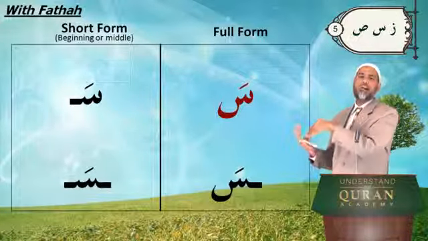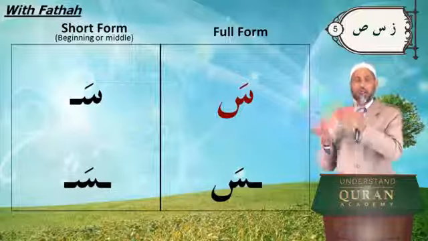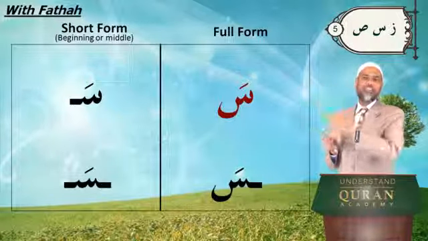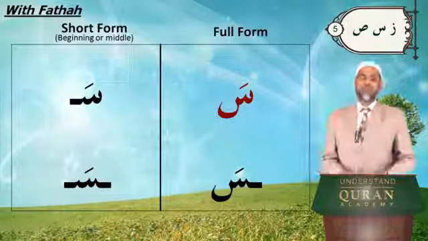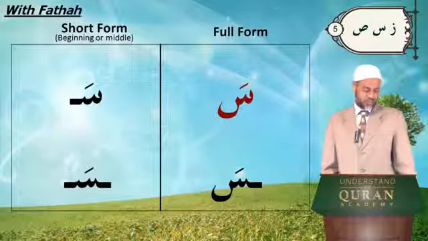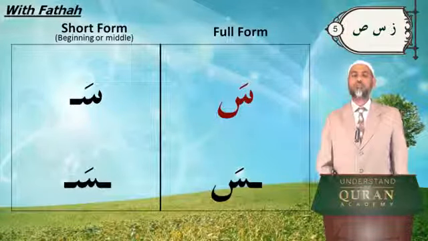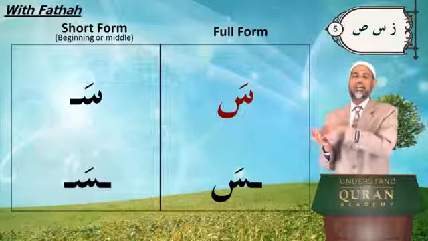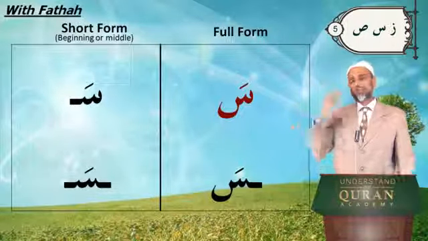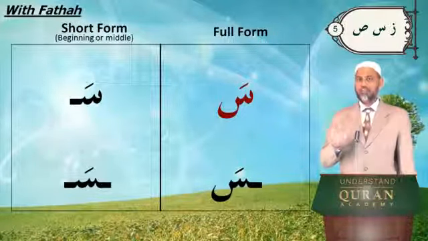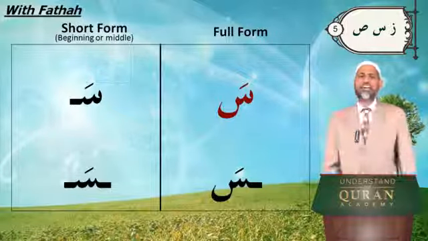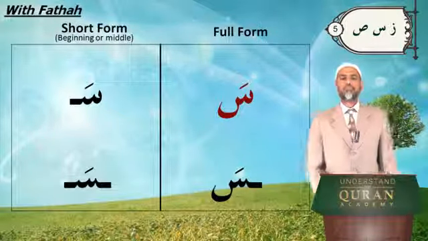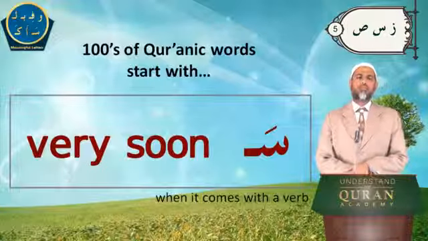That's the right way of saying the letter sin. I used to do that, touching at the top. That's not right. Touch it at the bottom. For English, you can do whatever you like, or for any other language, but for Arabic, touch it at the edge of the lower teeth, not the upper teeth or the top palate. Don't do that. Touch it to the lower teeth. Sa, sa, sa, sa.